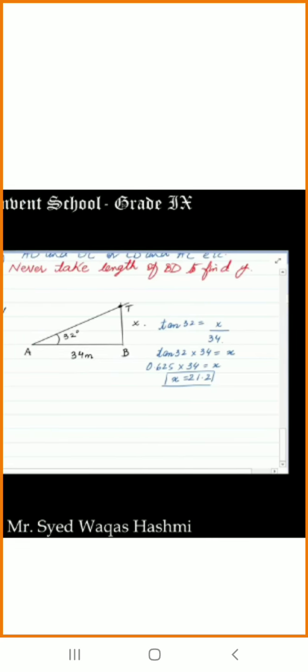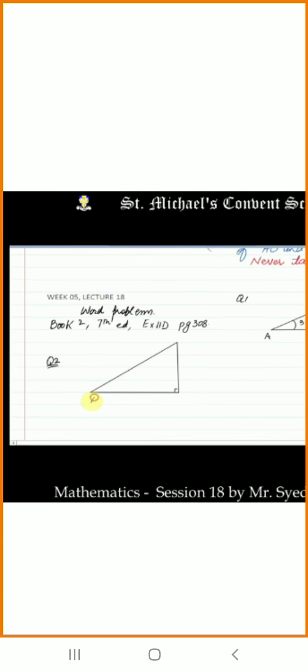Moving on to the next question, that is question number 2. First I make the figure and then I will read the question. In the triangle, we have 3 points A, Q and T. Now it says the height of a vertical post PQ is 7.7 meter.